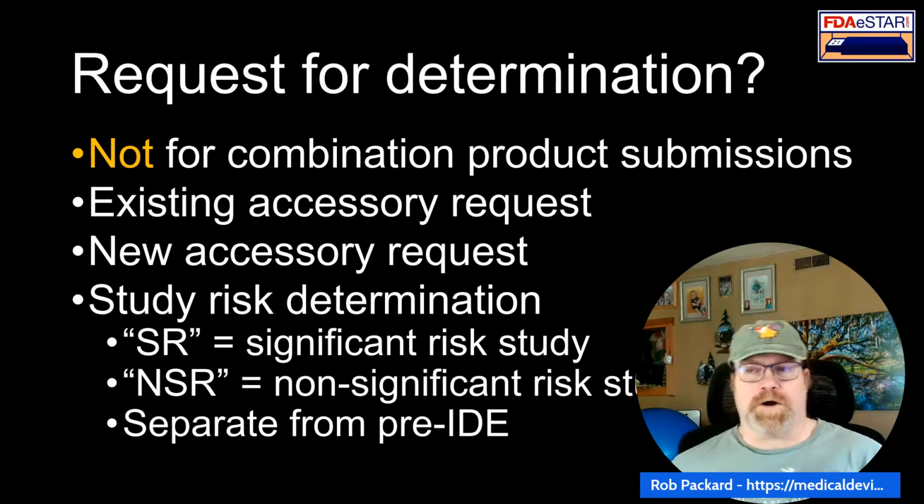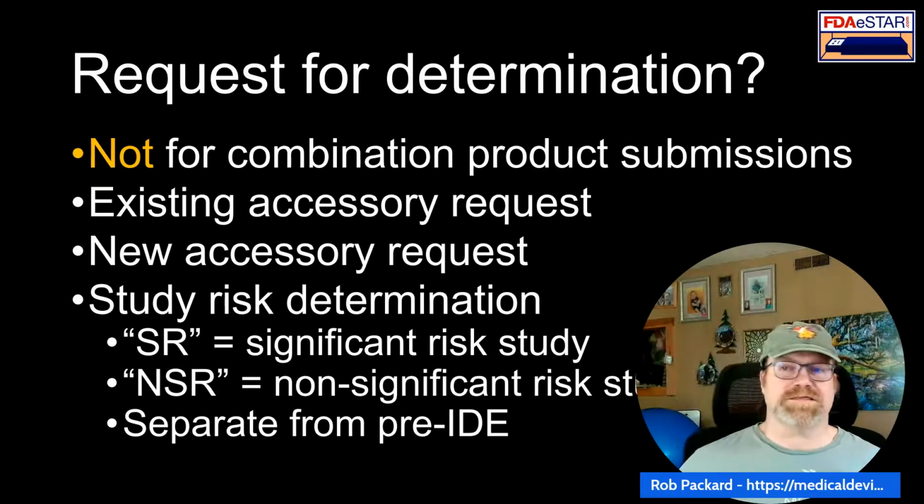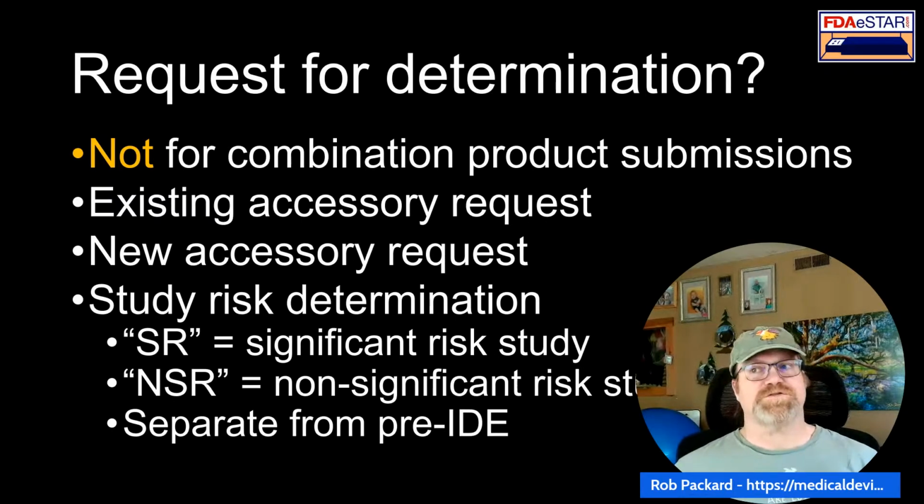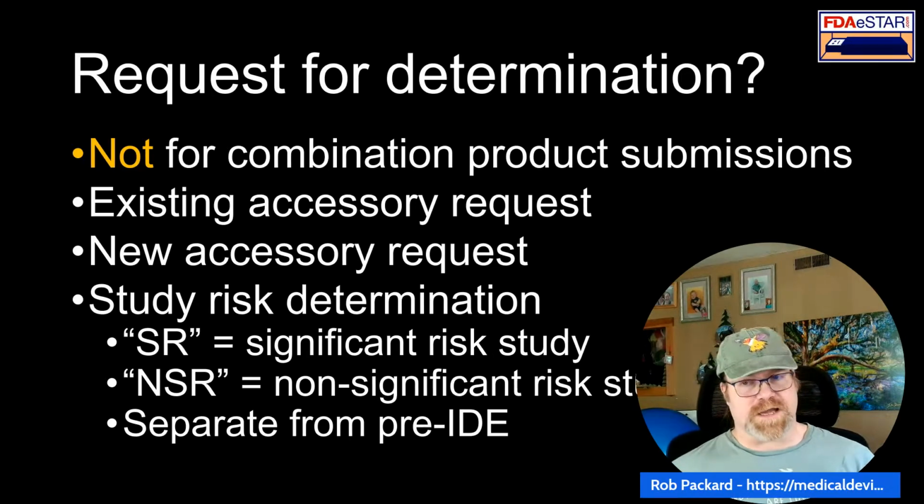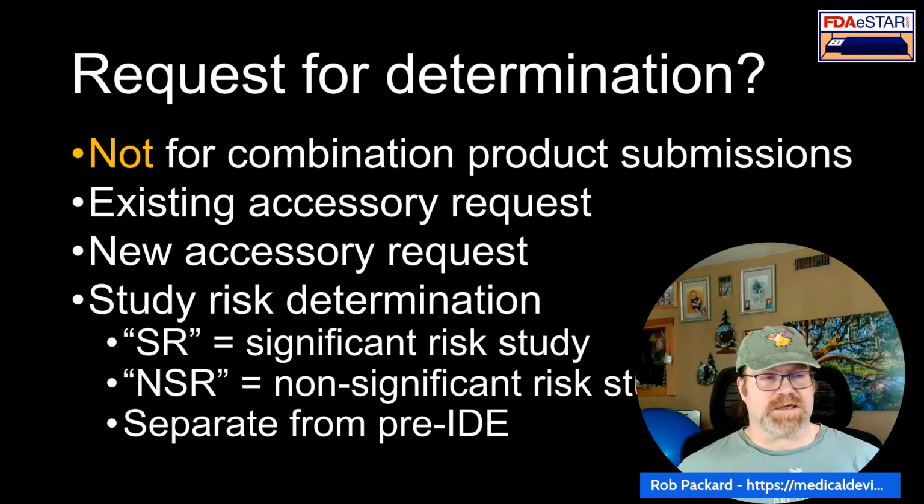And then the last part, the most common reason that I anticipate people are going to use this request for determination option, is study risk determinations. If you're doing a clinical study, so you're doing a high-risk device, or a device that you want to make claims for that nobody's ever made before, you're doing a de novo, or you're doing a PMA, when you need to do a clinical study, there are some studies that are significant risk that require FDA approval of the study before you can conduct it.